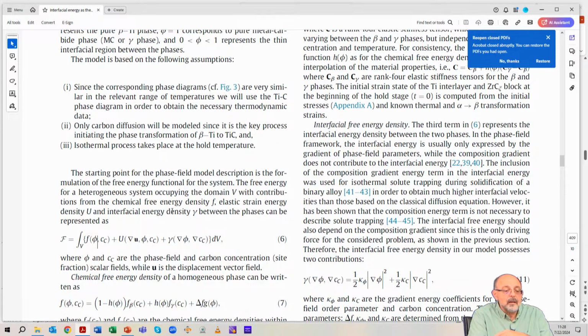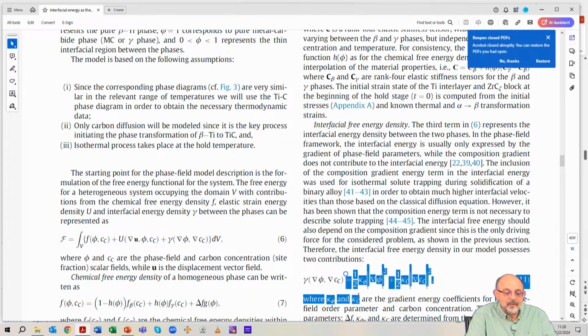So elasticity depends on elastic strain, here represented by displacement gradient, phase, and carbon concentration. And then we have this term of gradients, which looks like this, right?